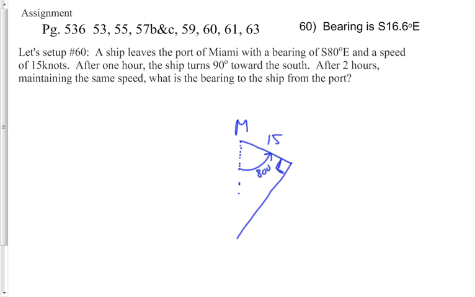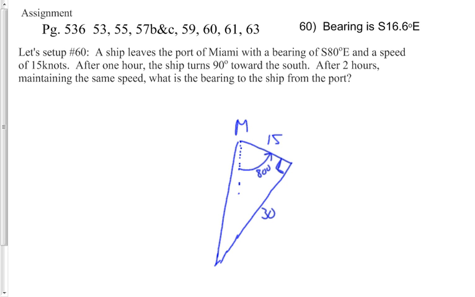Towards the south. After 2 hours, maintaining the same speed, what is the bearing to the ship from the port? If they've traveled for 2 hours, that means they're going to go 2 times 15. They will have gone 30 nautical miles. I'm going to then connect to make the triangle.